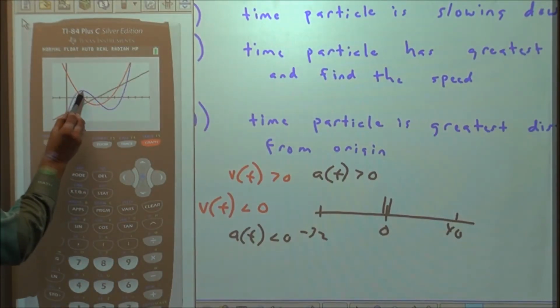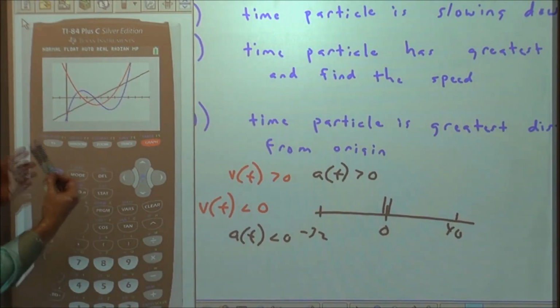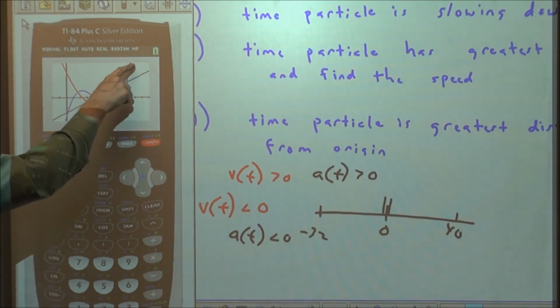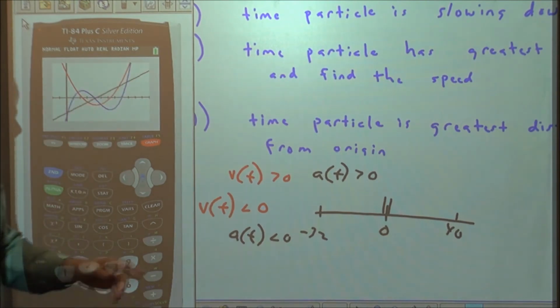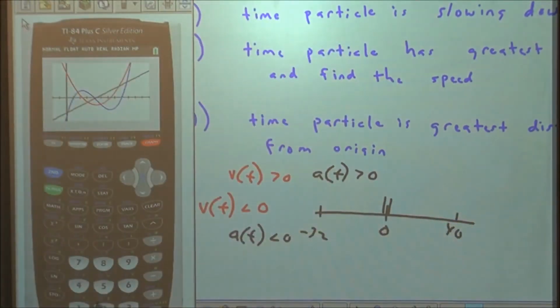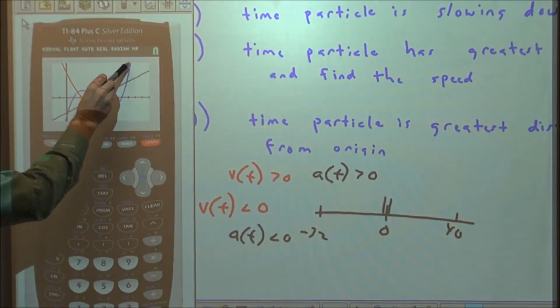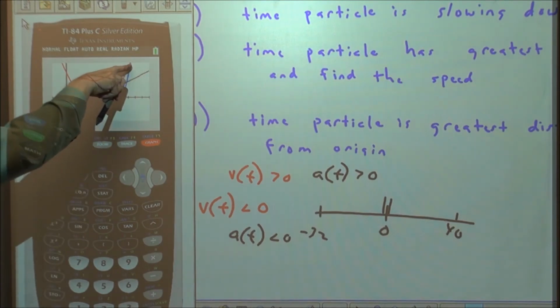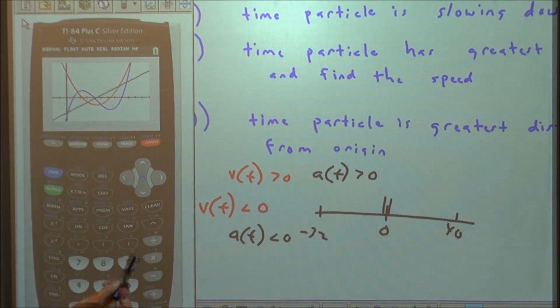So check the local max, the local min, and the endpoints, and it does look like the endpoint up here after 10 seconds, the bug is going boop, then woohoo, it's really taken off to the positive direction. So it looks like its greatest distance from the origin is going to be up here when t is 10.